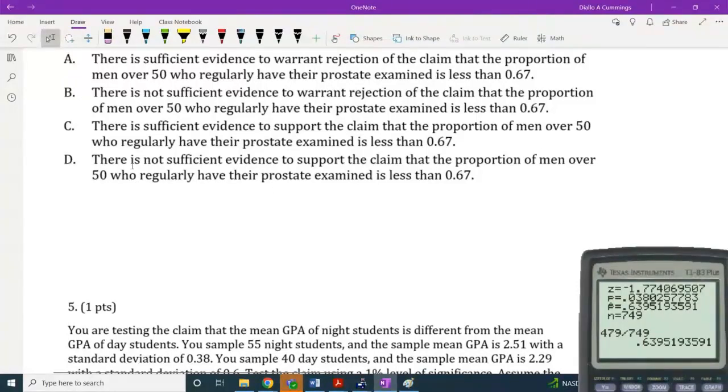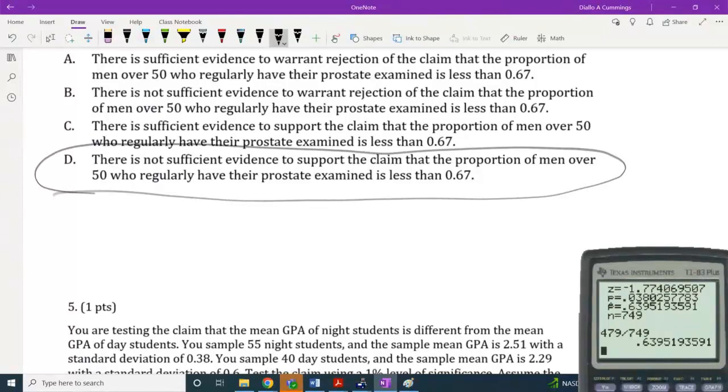But for our purposes, the conclusions are specific, which means that there is not enough evidence to support the alternative hypothesis. And the alternative hypothesis is that the proportion of men over 50 who regularly have their prostate examined is less than 0.67. So that should be D.